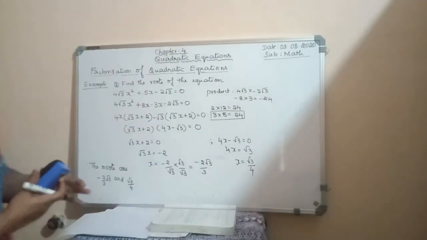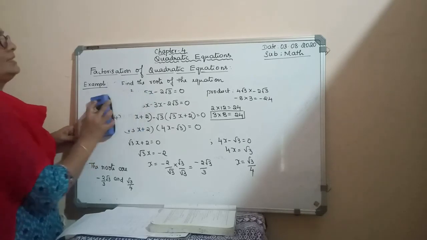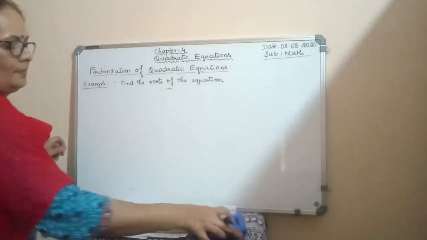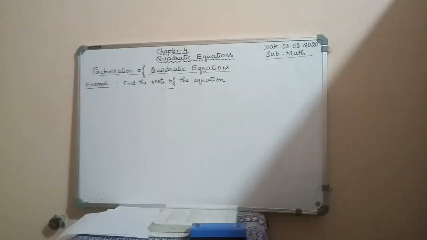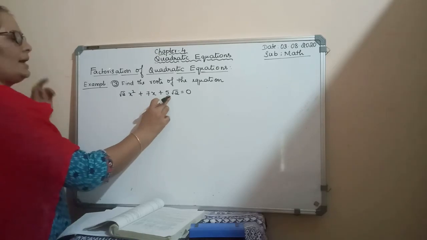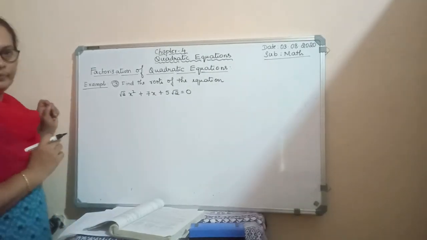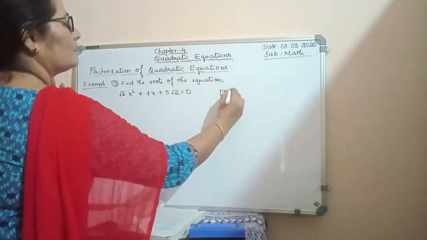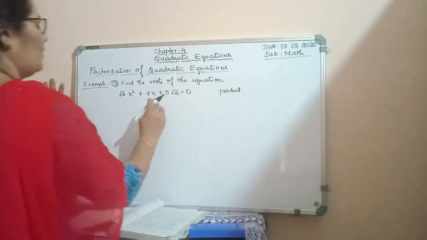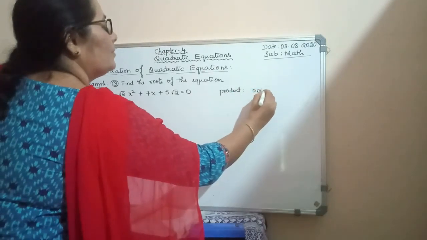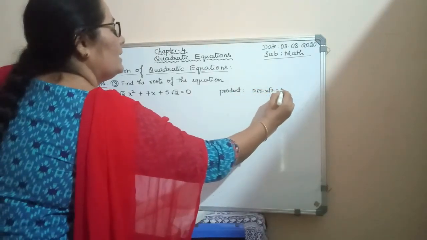One more example we'll take. Third example. Root 2x square plus 7x plus 5 root 2 equals 0. What is the product here? Product is 5 root 2 into root 2. 5 root 2 into root 2 is 5 into 2, 10.